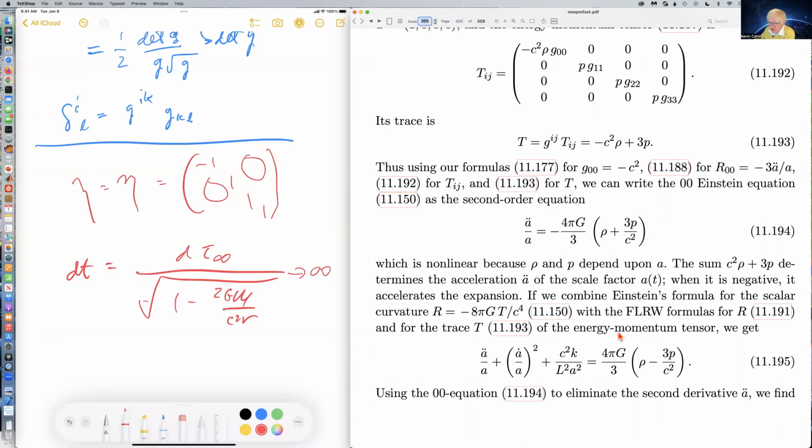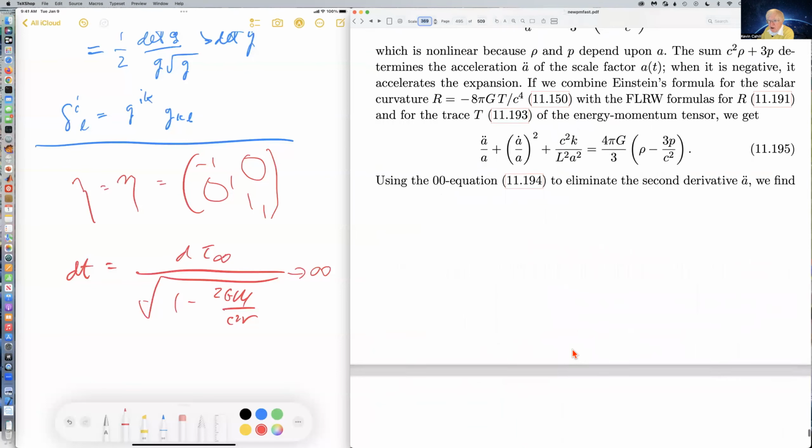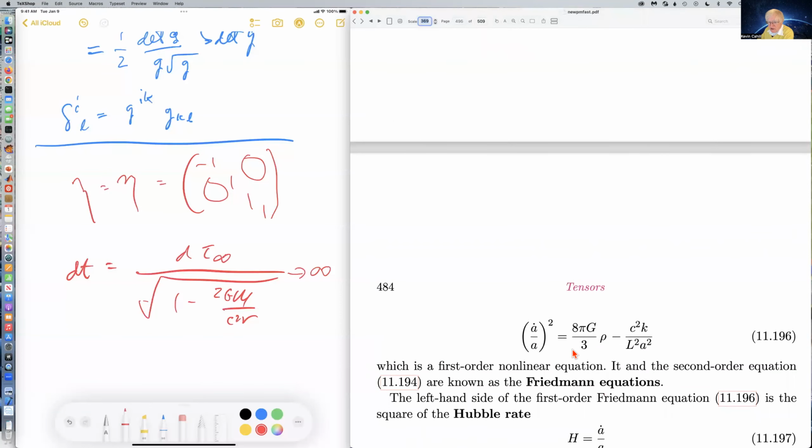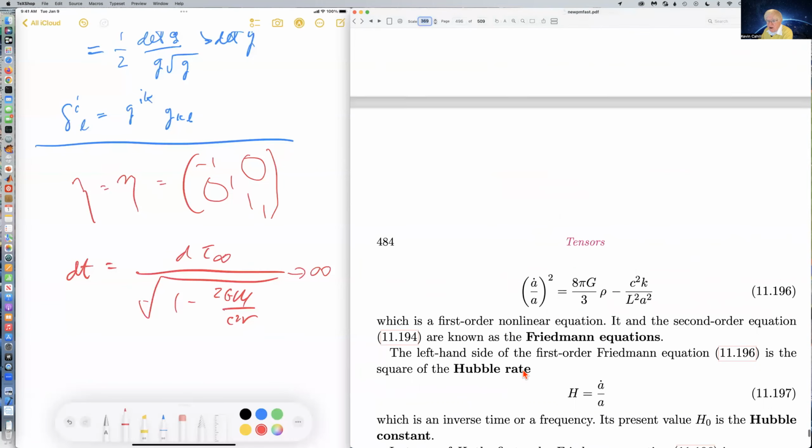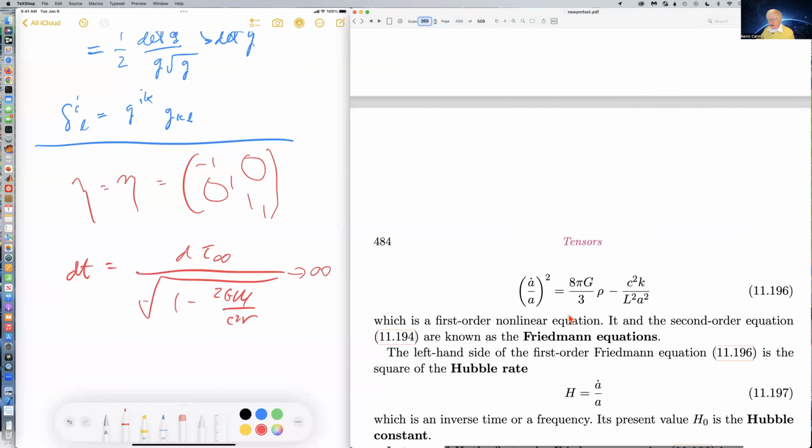And then they give us another equation for that. But one of the clever things that Friedmann did was to notice that if you subtract this one from that one, you just have an A dot equation. And so this is a first order nonlinear equation, and it is one of the Friedmann equations. This is probably the most important equation of cosmology.